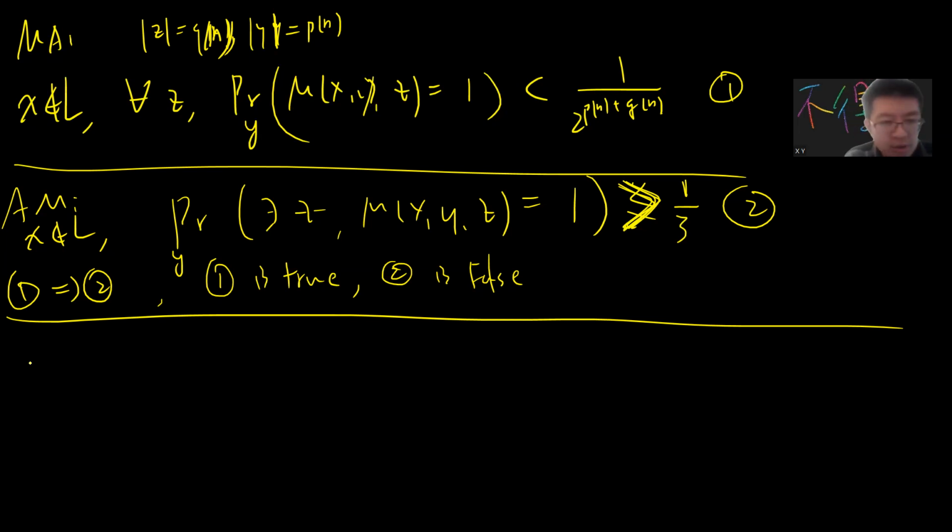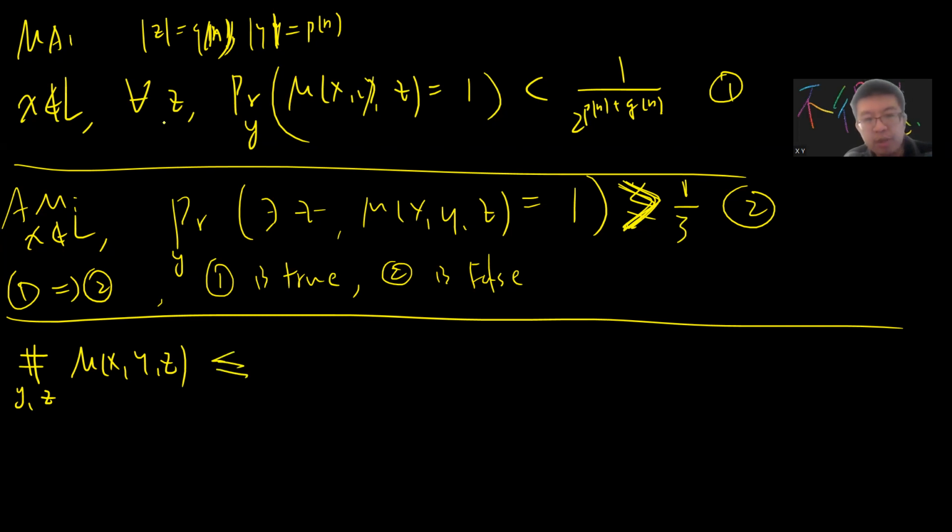So I want to count the number. I enumerate all of y and all of z, with the length of P(n) and the length of Q(n), and I ask what's the number of M(x,y,z) that accept. Or basically you can ask the probability over y, z, but I would like to use the number. Okay, and it's basically less than or equal to what?